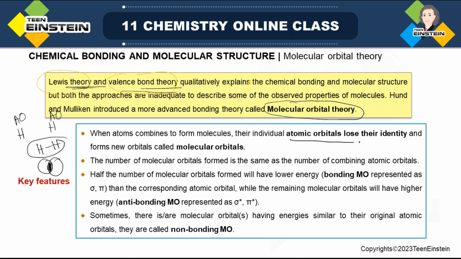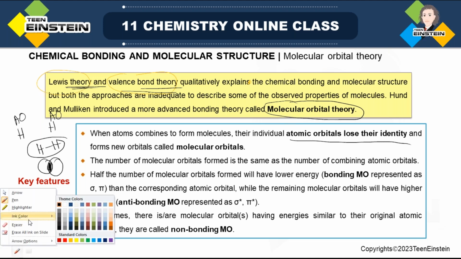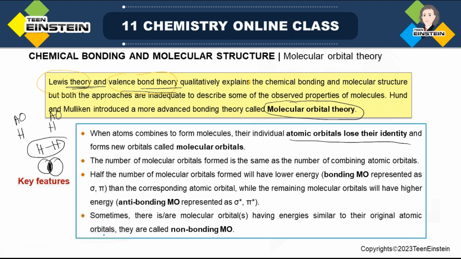So the individual atomic orbitals are losing their identity, and the new orbitals that are formed will be called molecular orbitals. Once the molecule is formed, it is no longer an atomic orbital. Now you have to use the term molecular orbital, that is in short MO. This is AO.